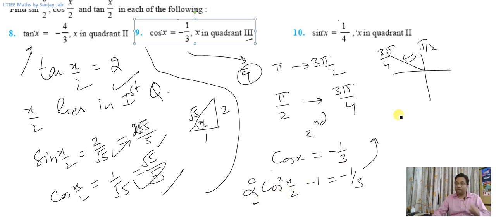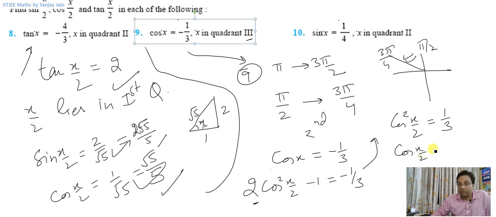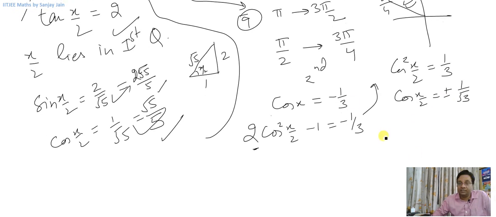So cos squared x by 2 will be equal to 1 by 3. You can do it, you can check it yourself. So cos x by 2 will be equal to plus minus 1 upon root 3. Now will you select the positive value or negative value? Of course the negative value, because we are talking about second quadrant here.